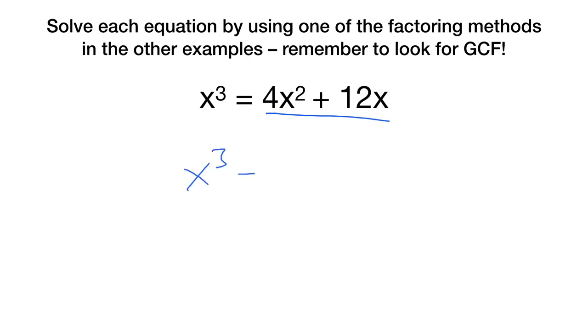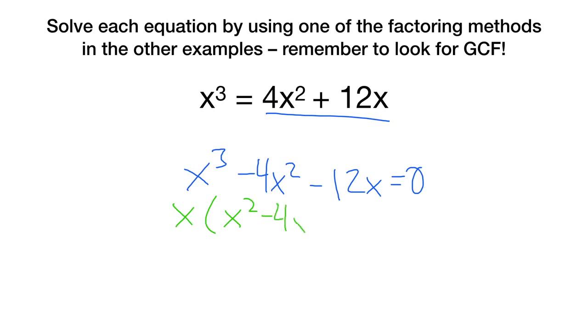X cubed minus 4x squared, sorry, not plus, minus 12x is going to equal 0. So greatest common factor is x. This becomes x squared minus 4x minus 12 equals 0. So my first factor is 0.